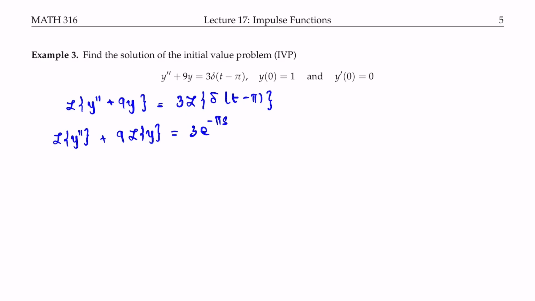On the left-hand side, you still need to take care of the Laplace transform of the derivative. So that is s squared times capital Y of s minus s times y of 0 minus y prime of 0, plus 9 times capital Y of s, equal to 3 times e to the negative pi s. Okay.